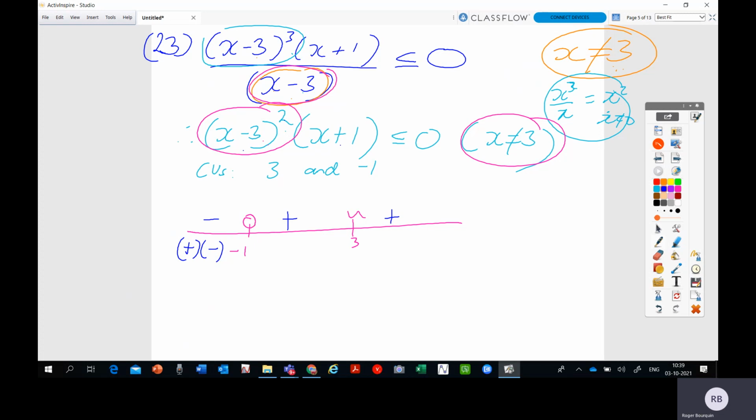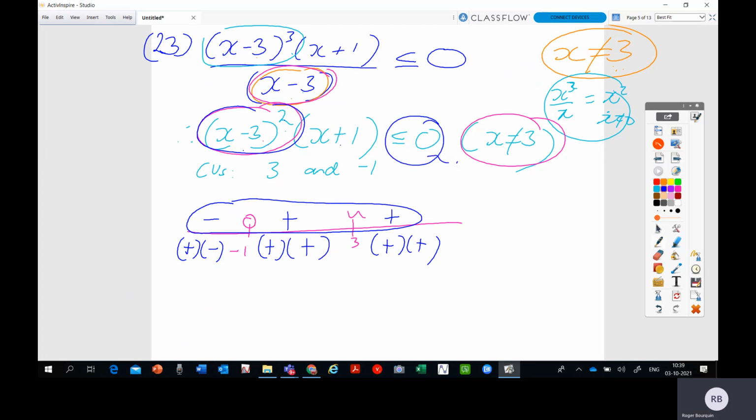But just to show you, pick a number between negative 1 and 3, like naught. This bracket over here is still positive, and that's now positive, so it's positive overall. And if x is bigger than 3, like 10, that first thing is still positive, and that's still positive. So here are your answers. What's the question asking? They want to know where we get answers which are negative or naught.